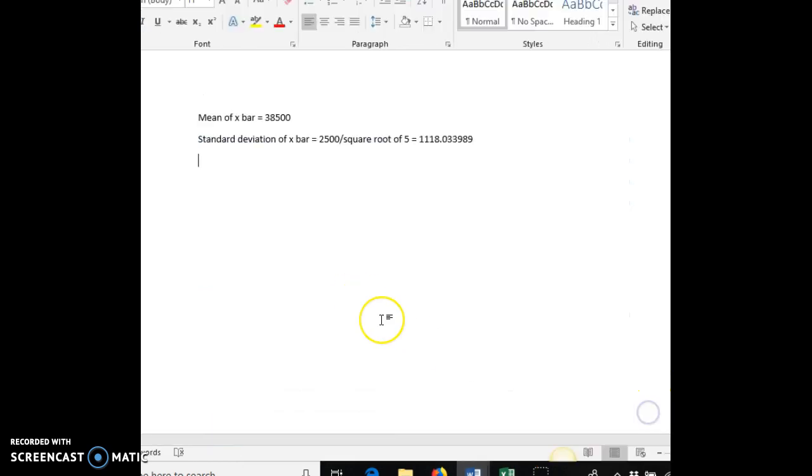So using our formula, z is going to be x bar, our 36,000 miles, minus the mean of x bar, 38,500, and I really needed to put that in parentheses, divided by the population standard deviation divided by the square root of 5, which is what we found right up here, 1118.033989.